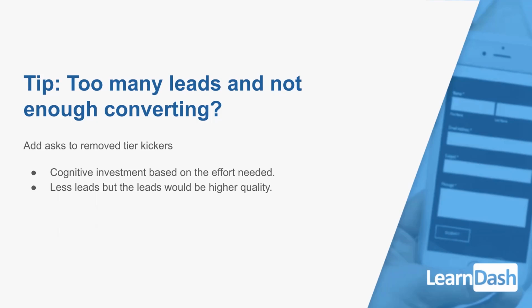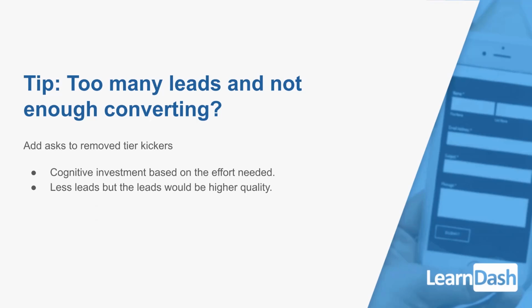Again, it doesn't need to be complicated, and we'll go over real examples of this later on, but by increasing the actual cognitive investment of your user, someone who's willing to fill that out and go to the end of it is going to be a higher value lead when it comes to selling your course.